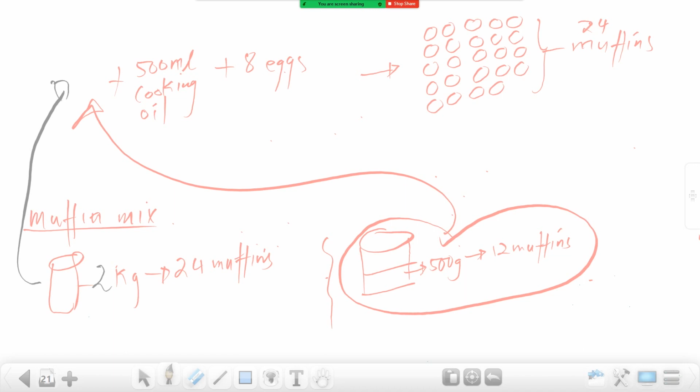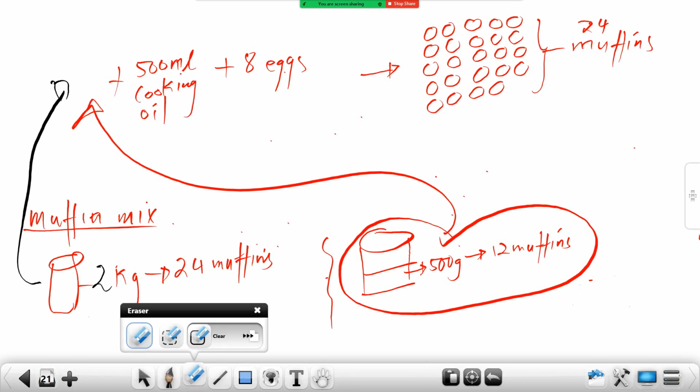But the only muffin mix I have is 500 grams, which can produce 12 muffins. So when I use the 500 grams, it becomes the limiting reactant because I can only produce 12 muffins. But the idea is I want a total of 24.